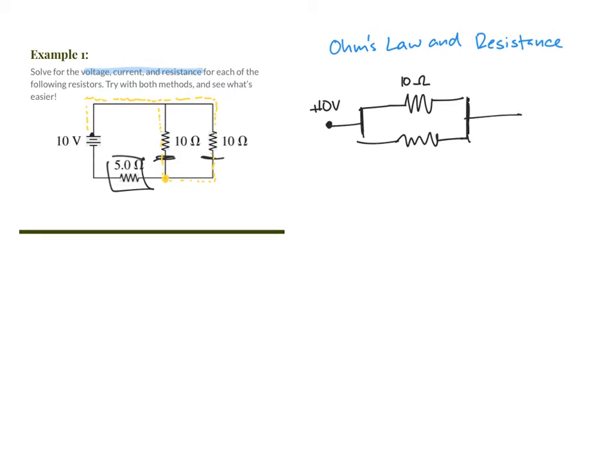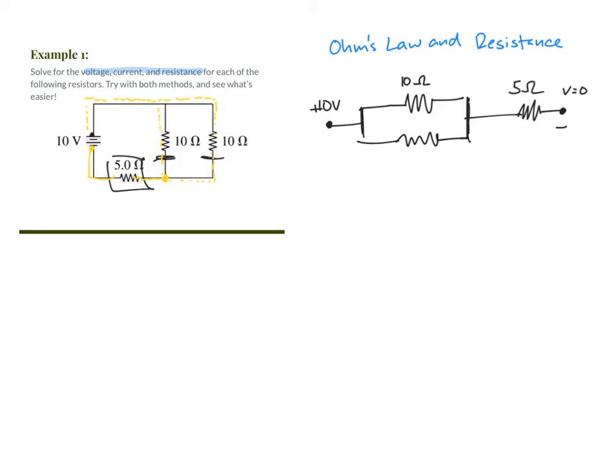Join together, and continue on, coming across a 5 ohm resistor before ending up at the negative terminal of the battery, where voltage equals 0. And that's the whole circuit in line form.